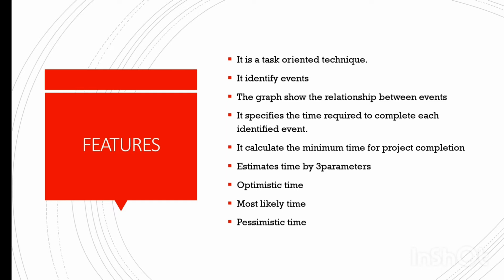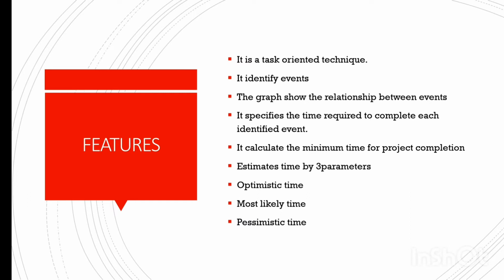That is known as optimistic time. Then what is most likely time? That is an estimate of time based on what the manager thinks is necessary to complete the task.